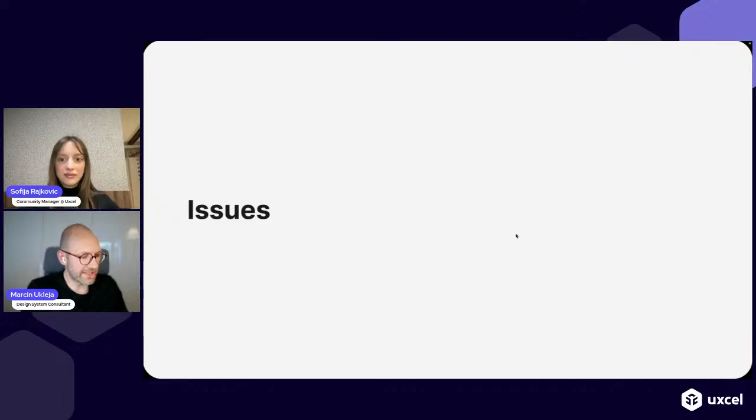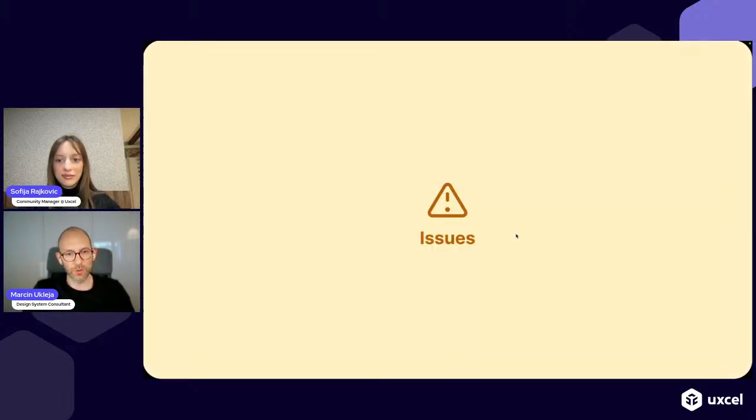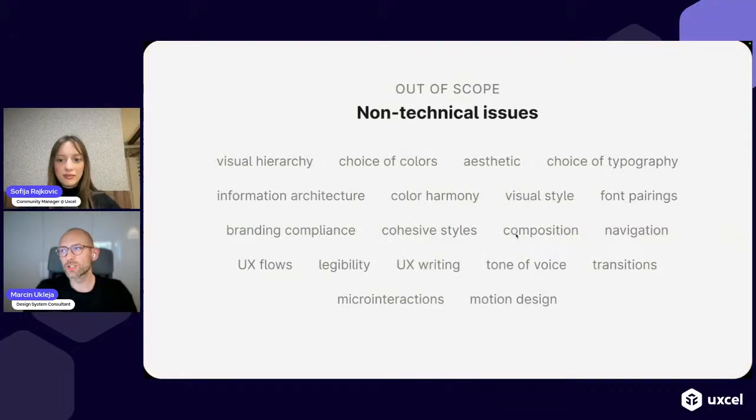Okay, so let's talk about the issues that we can spot in our files, and let's narrow the focus to issues, but not any issues, but technical issues. And I do it intentionally that we narrow it down to technical issues. So out of scope will be all non-technical issues about our files.